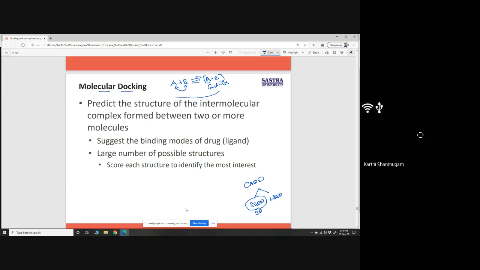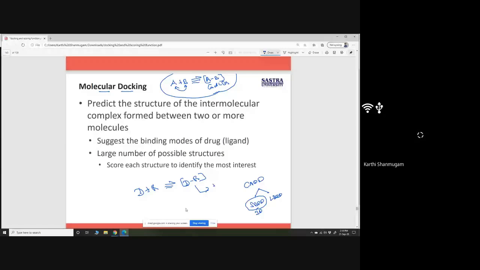So why is this protocol important? How is it related to drug design or drug discovery? We discussed in detail what is meant by drug and drug target. We also discussed drug action, the relationship between the drug molecule and the drug target. The drug molecule should go and bind to the corresponding receptor, where the drug molecule and the receptor interact with each other to form a drug-receptor complex, and the formation of that complex may lead to the biological response.